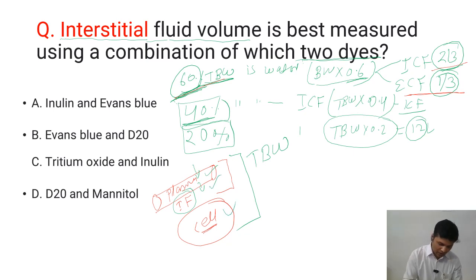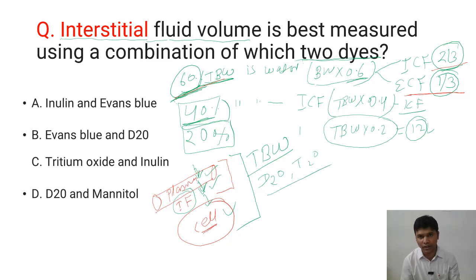If we inject a dye in plasma, it will go to the interstitial fluid, and then it will go easily into the cell. That dye we can use to calculate total body water, and that dye is actually D2O and T2O, deuterium oxide and tritium oxide. So these two dyes we use.